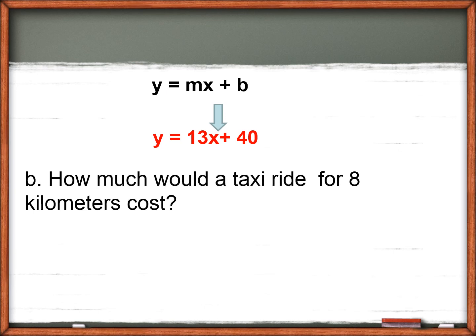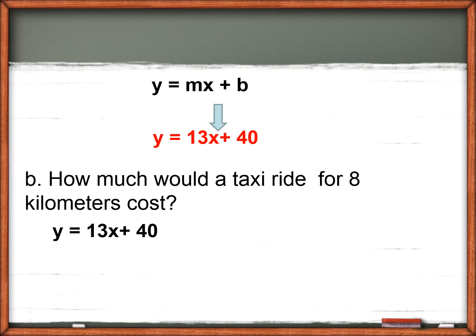How much would the taxi ride for 8 kilometers cost? To answer this question, let us just go back to our equation y equals 13x plus 40. Remember that our x in this equation refers to the number of kilometers.